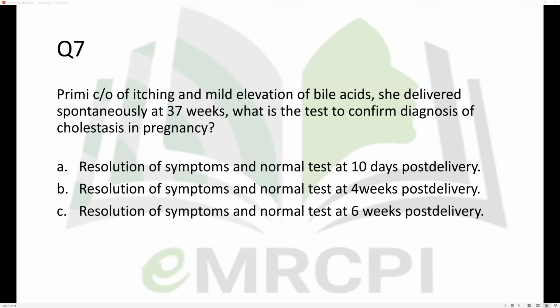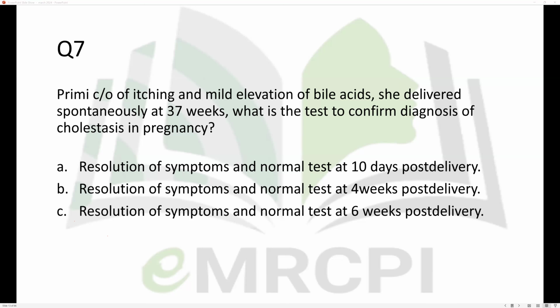So the only way to confirm the diagnosis of intrahepatic cholestasis of pregnancy is the resolution of symptoms and normal tests found at 4 weeks post-delivery. Yes, well done. Six weeks was the old recommendation, Dr. Ayat. Okay, dear?